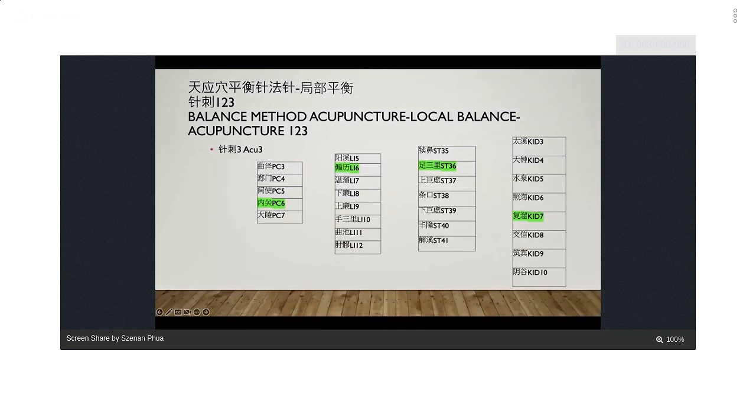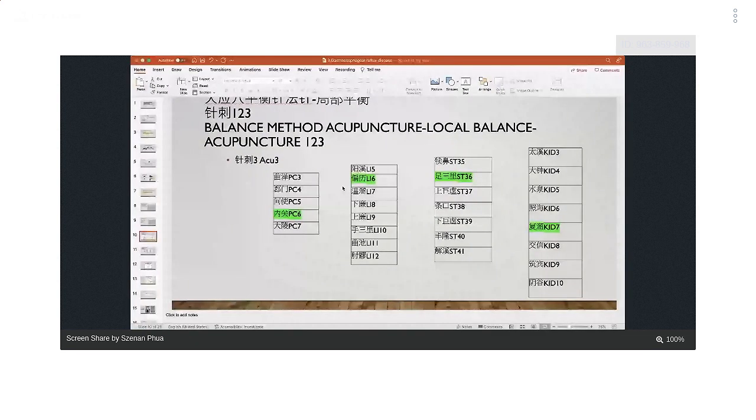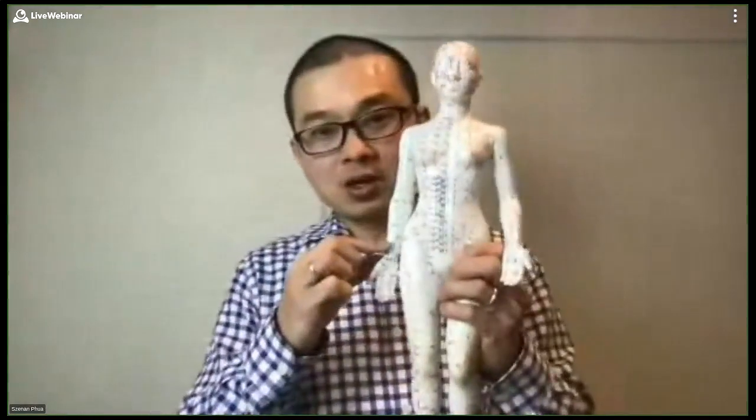If you look at the pericardium 3 to 7, right? Now I'm choosing pericardium 6 and large intestine 6, okay? So I'm choosing one point over here and one point over here. They're quite similar, right? What do they treat?